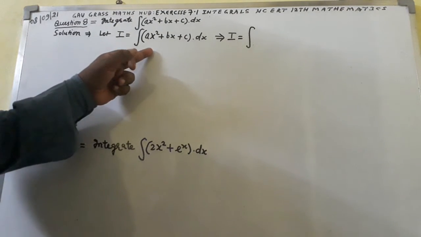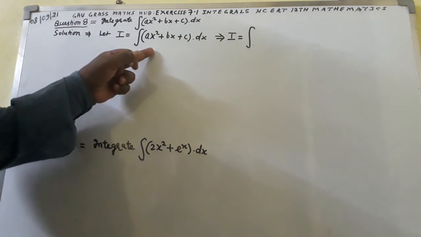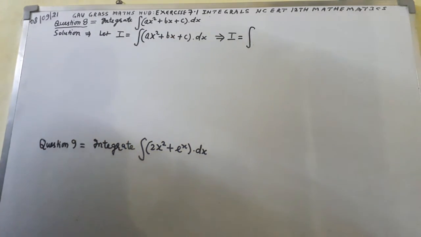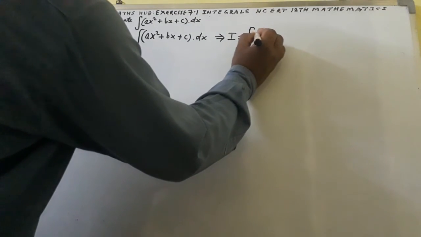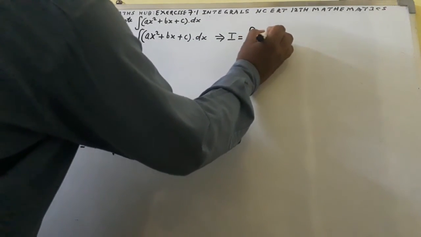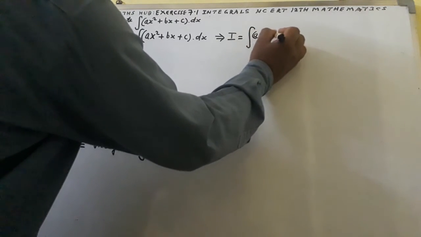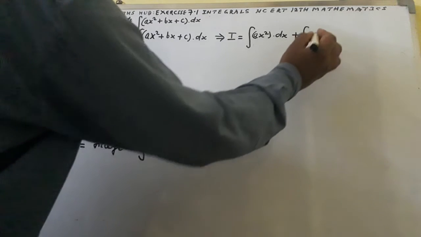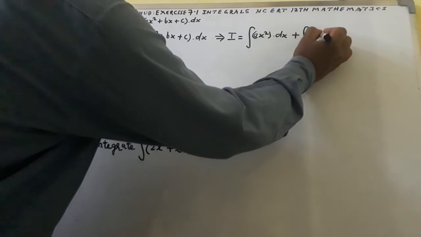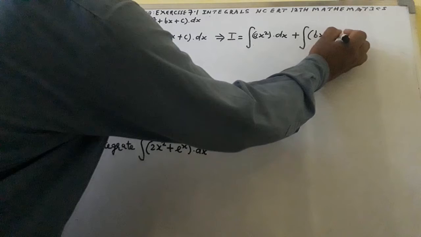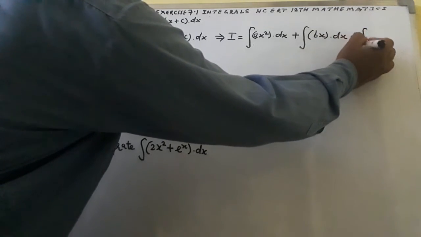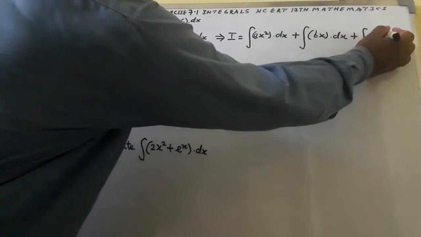On separating all the three terms, we shall get integral ax square dx plus integral bx dx plus integral c dx.